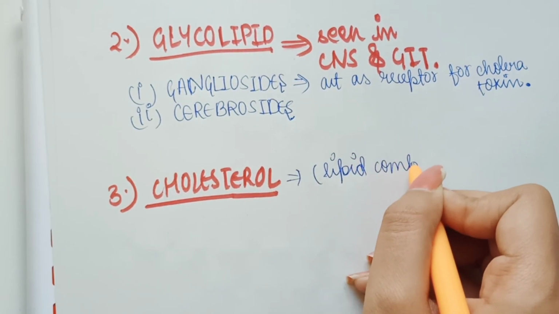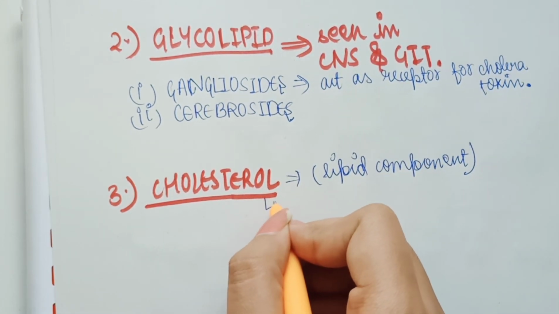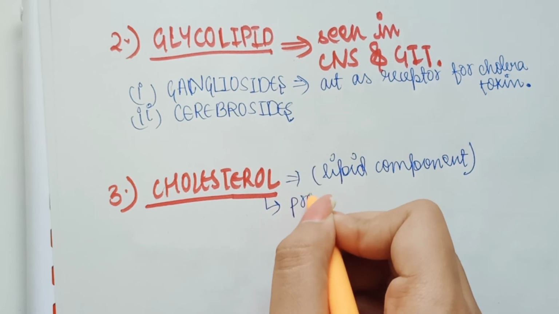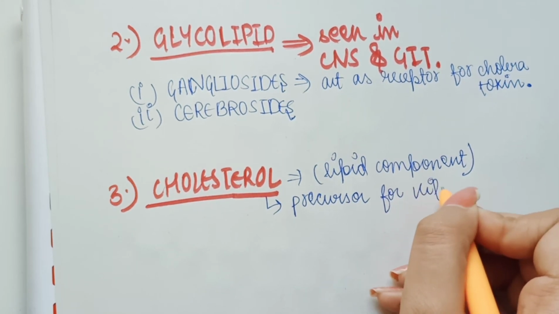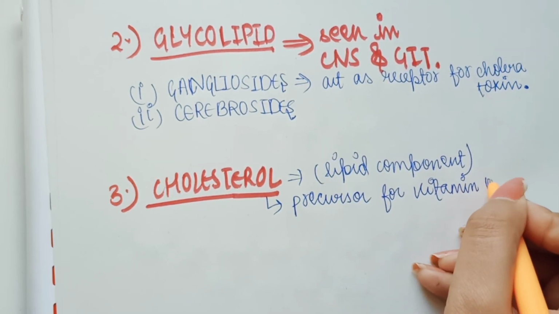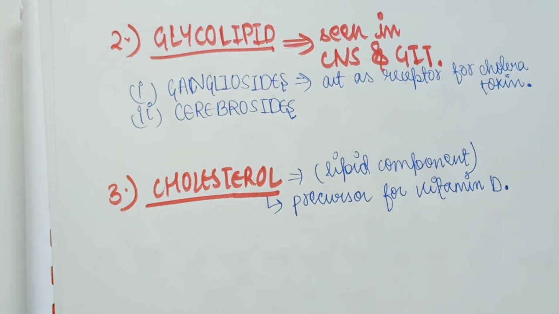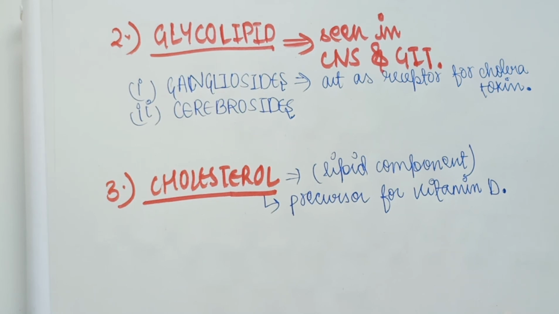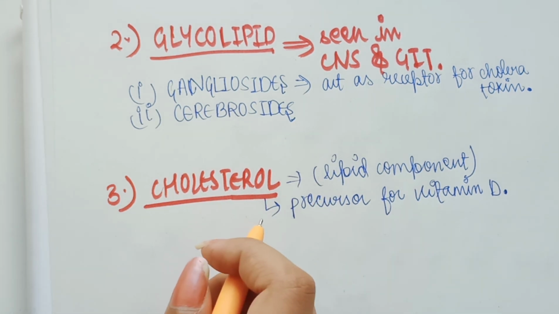For extra information, it is also a precursor for vitamin D. So from all these things, you can understand that the cell membrane consists of lipid components: lipid bilayer, cholesterol, and phospholipids. Phospholipids maintain fluidity at room temperature.